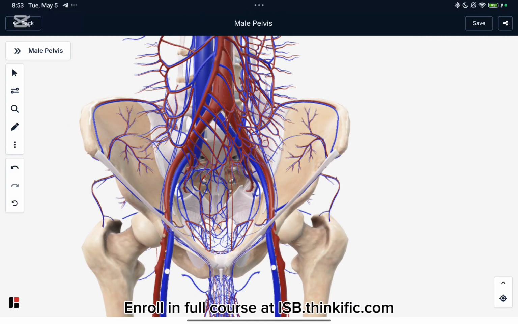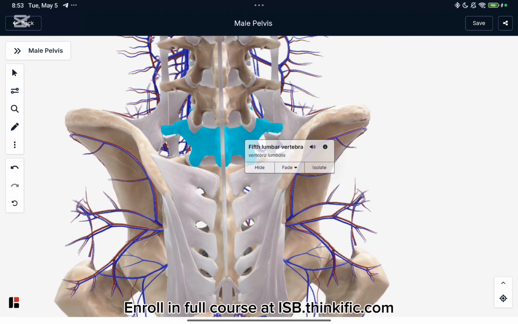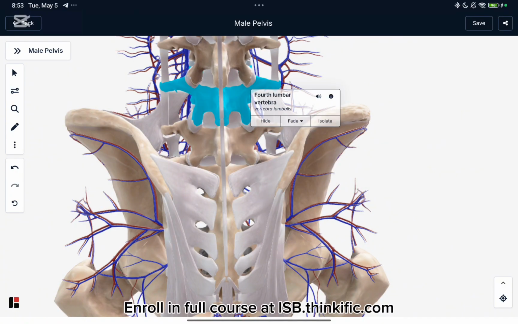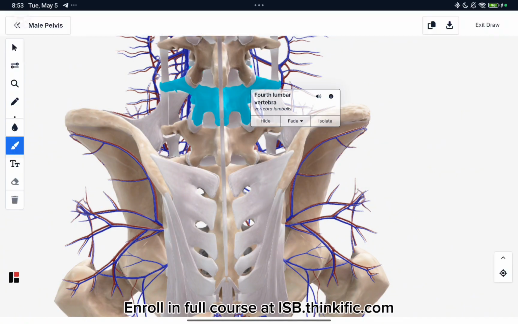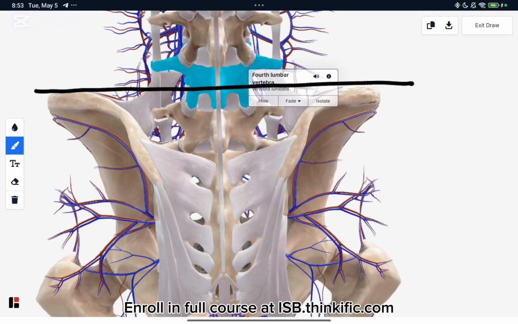Let me show you from behind. Right? This is what vertebra? This is the fifth lumbar vertebra. This is the fourth lumbar vertebra. Let's take the supracrestal plane. It cuts through L4, right? So it takes us to L4.